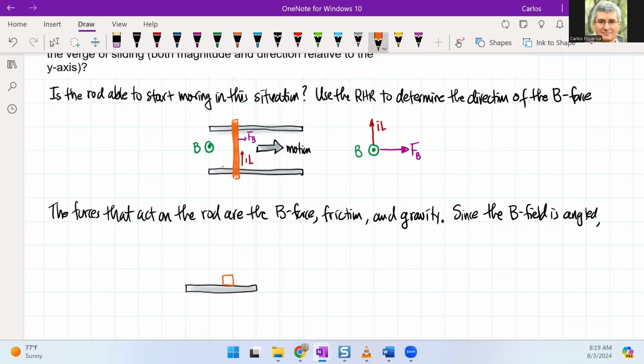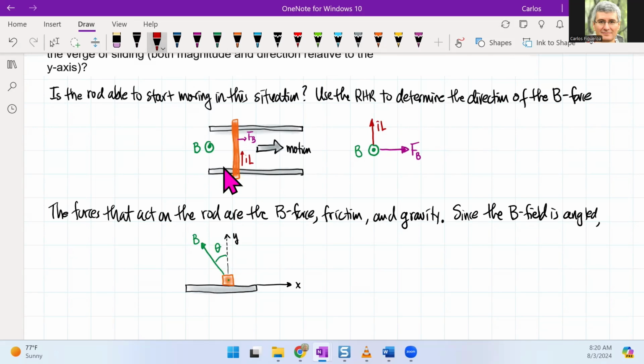Let's say I set my coordinate axis so that this is my y direction and this is my x direction. From the center here, there's a magnetic field in this direction, and I'm going to say that this is angled.